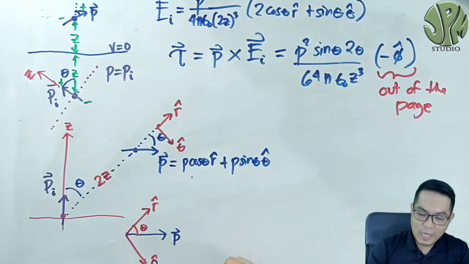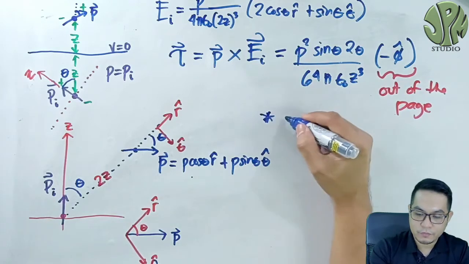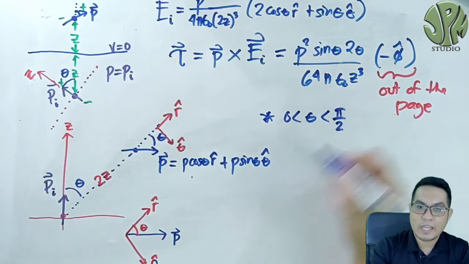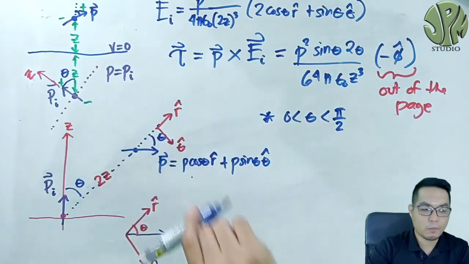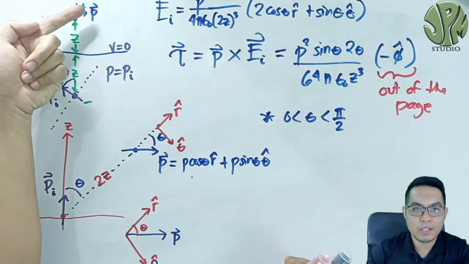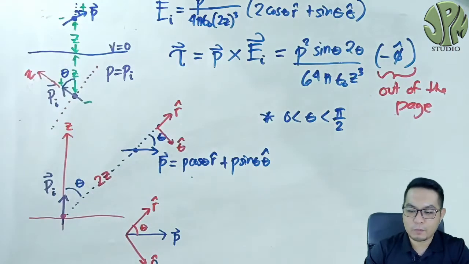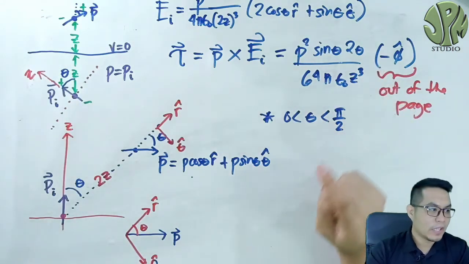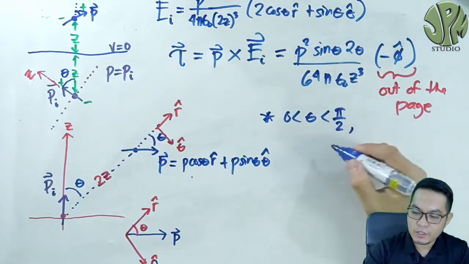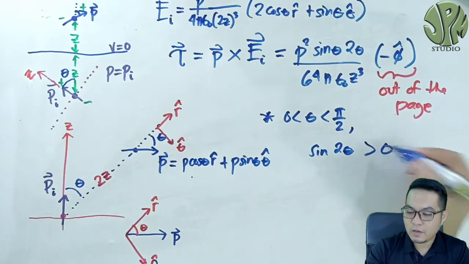Now, what will happen if theta is between 0 to 90 degrees? If theta is from 0 to pi over 2, such that your dipole is oriented in this manner, where the angle is from 0 to pi over 2, then this term here, sine 2 theta, will actually be positive.